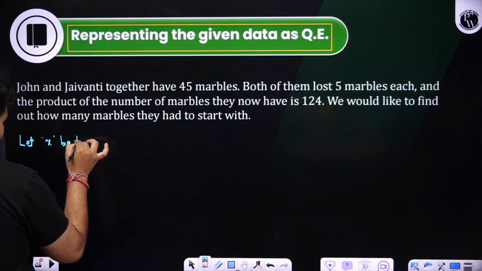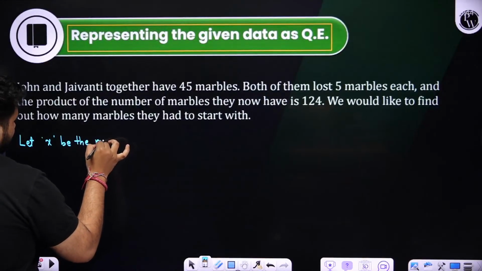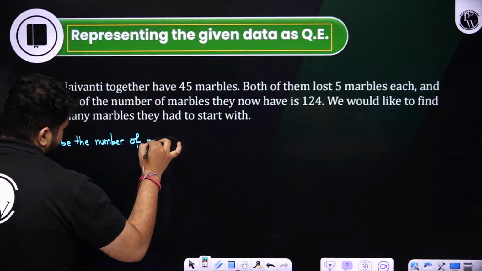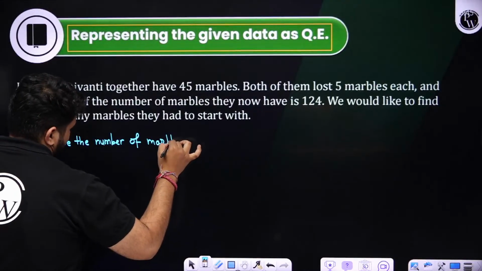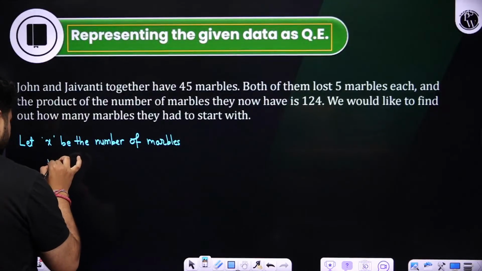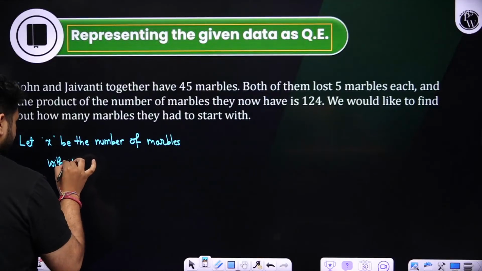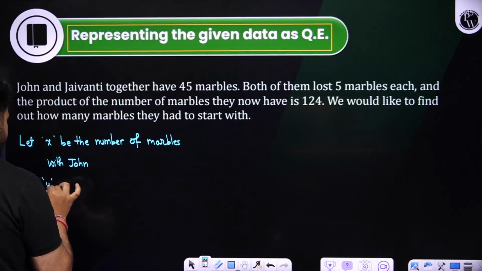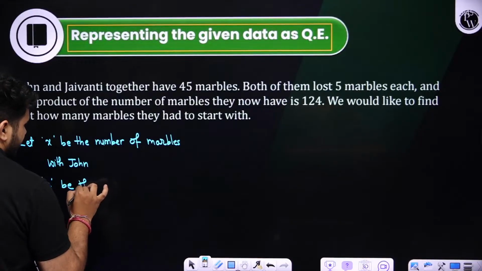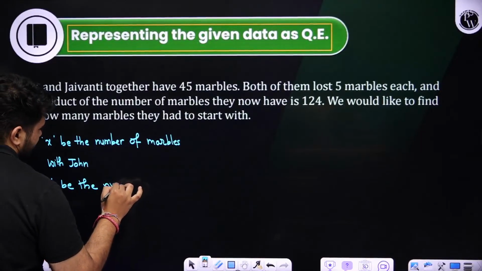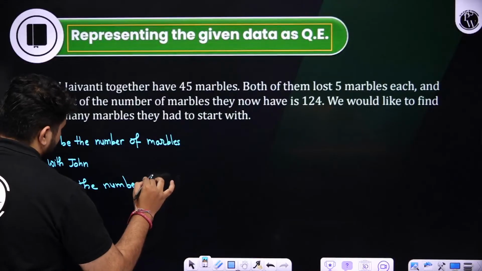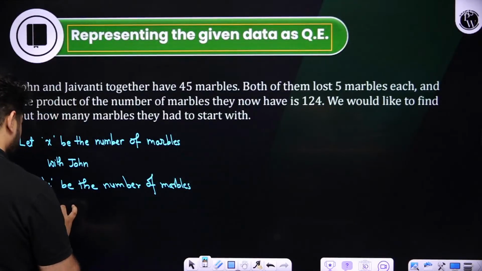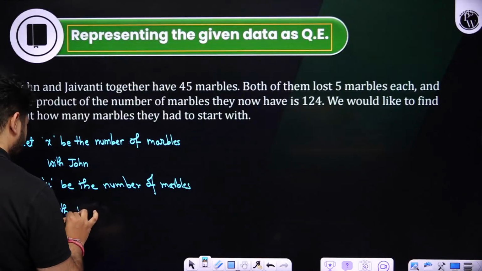Let x be the number of marbles with John. Similarly, let y be the number of marbles with Jayavati.